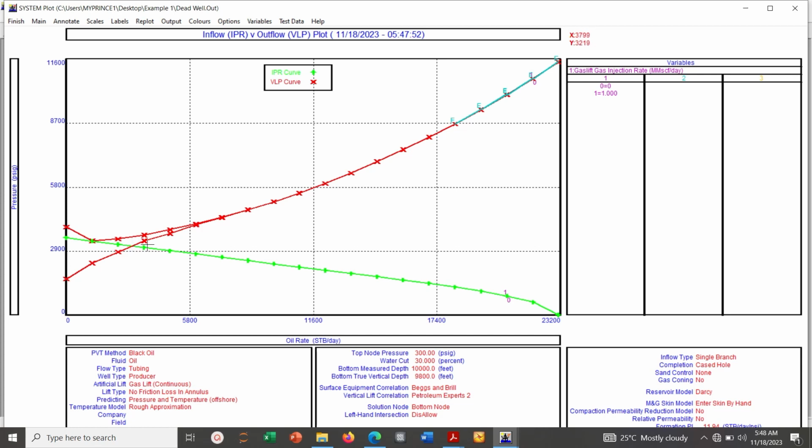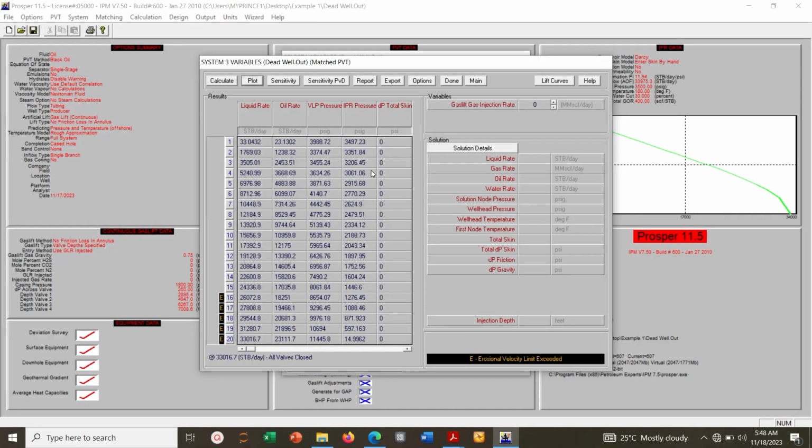So let's go to solution and see the volume of oil produced after gas injection. The oil produced is about 3,000 stock tank barrels of oil at this condition.